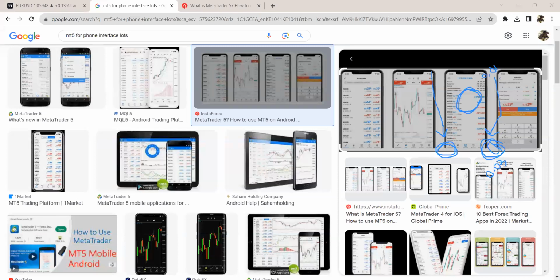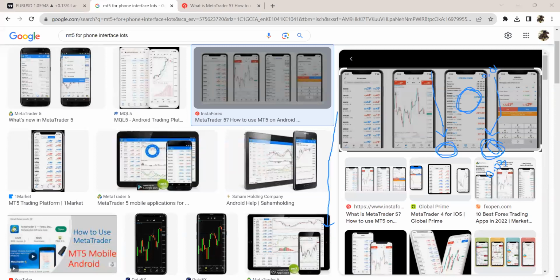The other thing is, before you come to these things here, this interface will have a list of currencies. On this list, you click on the currency pair that you want to trade specifically.